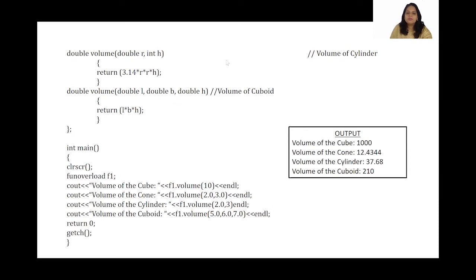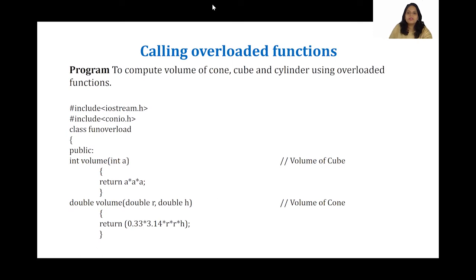Here we have 2, here we have 3, so both of them don't match. Then we go to the previous one and check where we have one parameter of type int. Now that matches with this one, isn't it? In this case, it is going to calculate this.